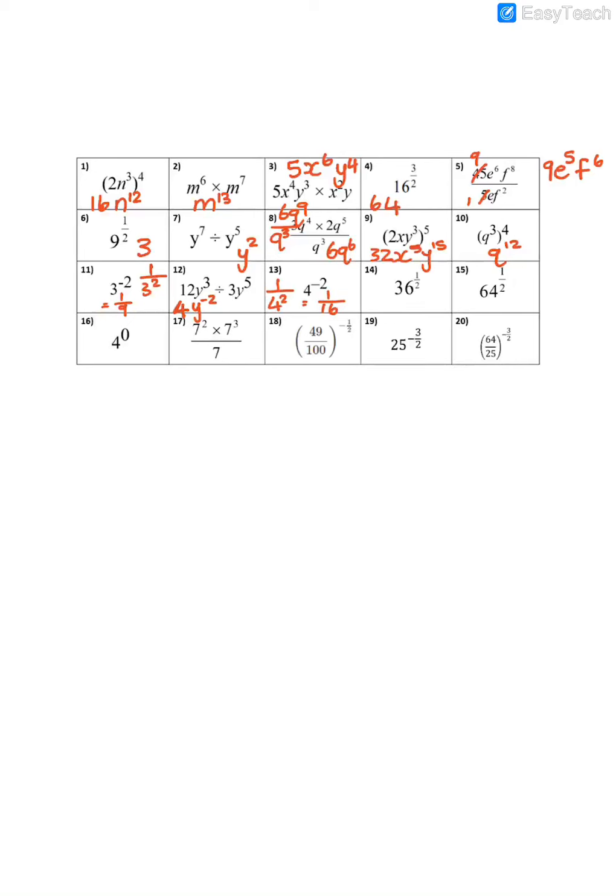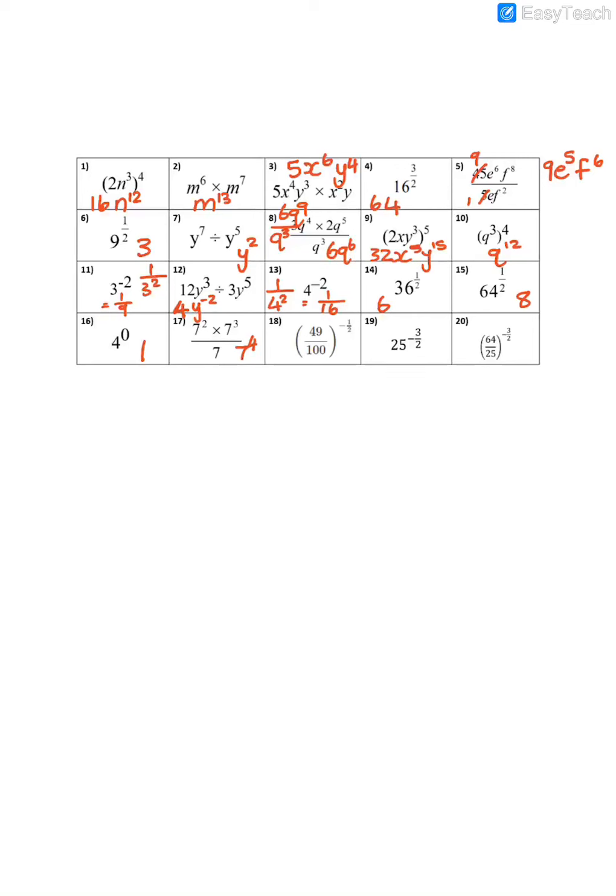Number 14 means the square root of 36, which is 6. Number 15, square root of 64, which is 8. Number 16 is 1. Number 17, numerator will be 7 to the power of 5. Divide that by 7 and you get 7 to the power of 4.